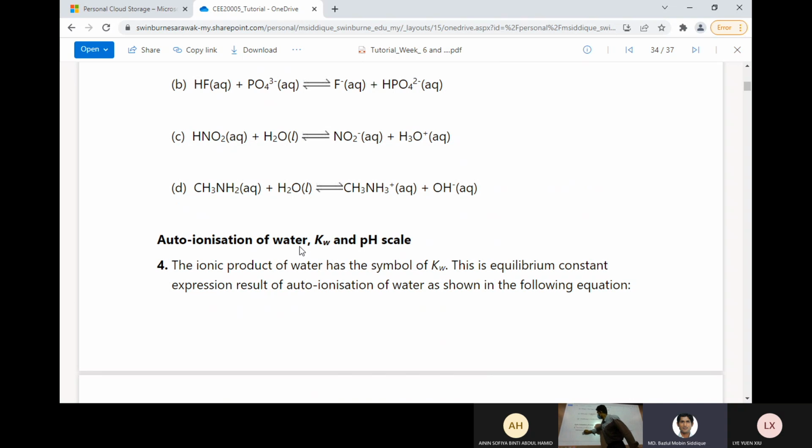Okay, so now it is your turn to tell me for D, which one is acid, which one is base? You tell me, I write. Acid, base, or acid, base, which one? Base. Okay, base 1, so it should be acid 1, all right? Correct? Everyone?